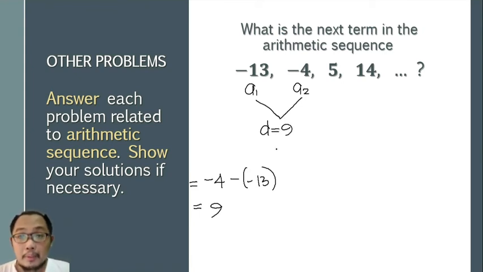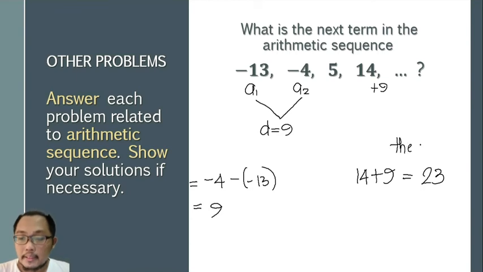Now that we have our common difference, we just have to add it to that 14 so that we get the next term. So 14 plus 9 gives us 23. That means our answer would be 23. So the next term is 23.